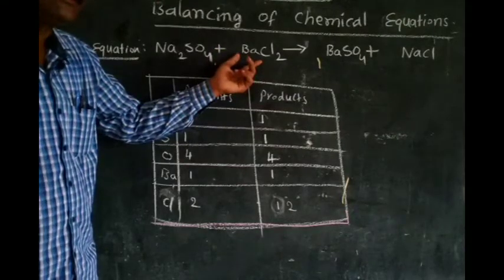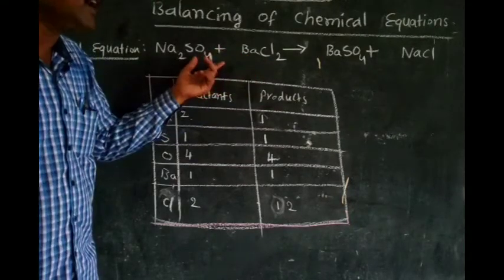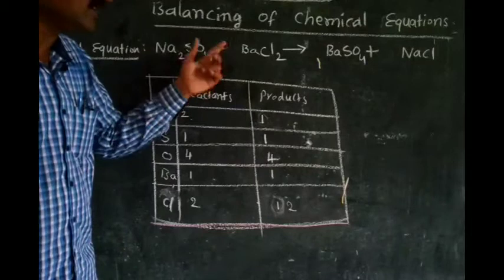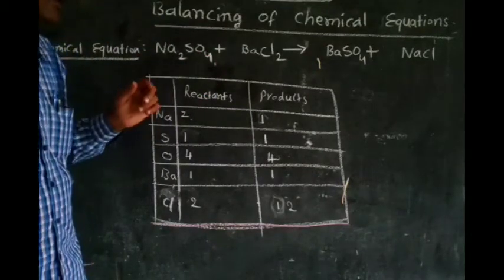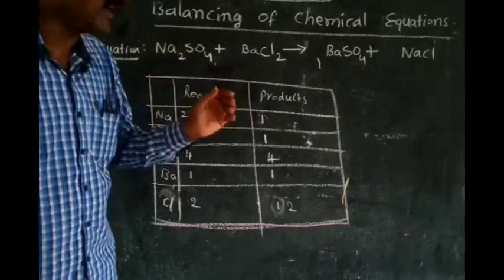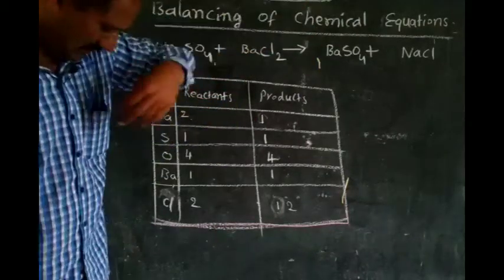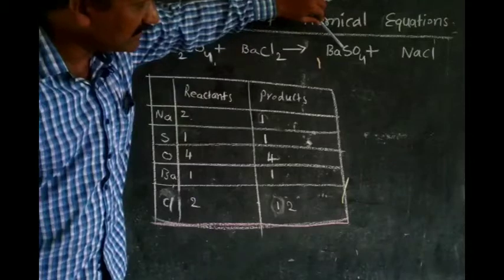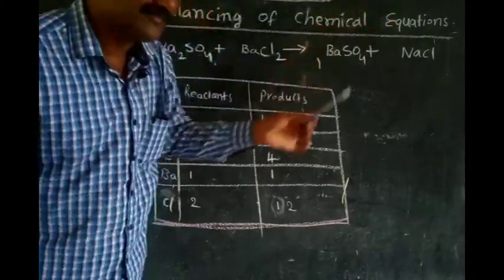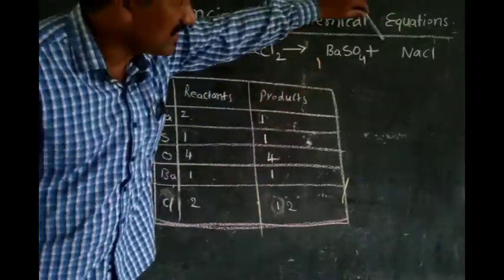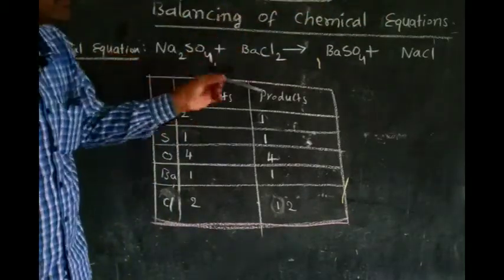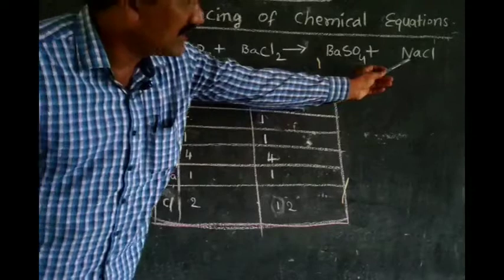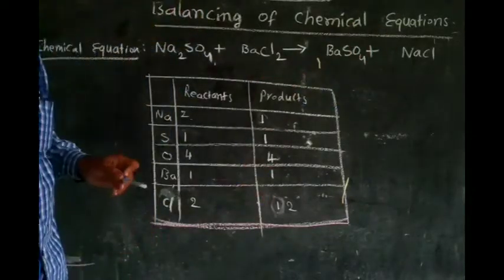That's why they are called the reactants. After the chemical reaction, new products have arrived. They are barium sulfate and sodium chloride. These are called the products.